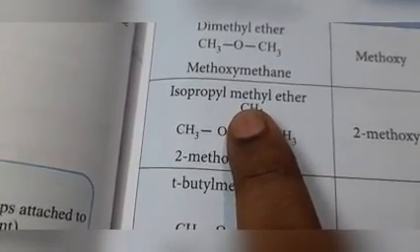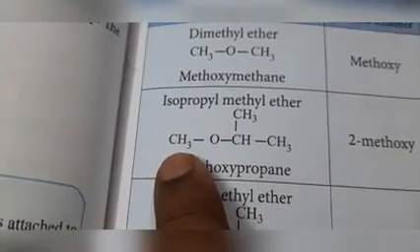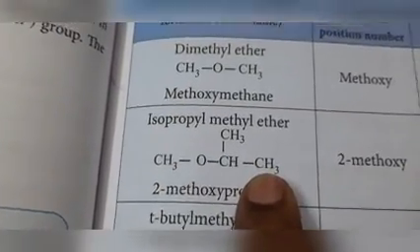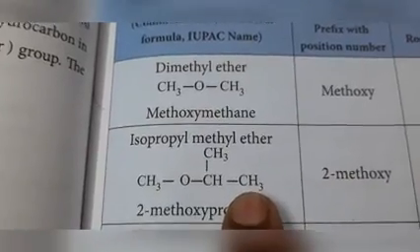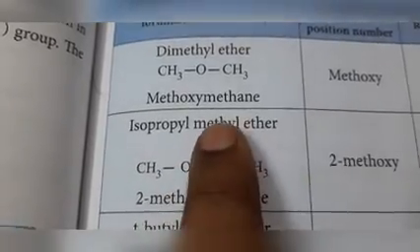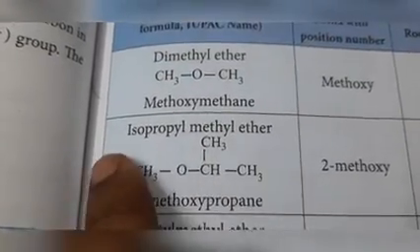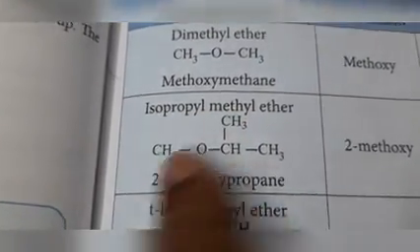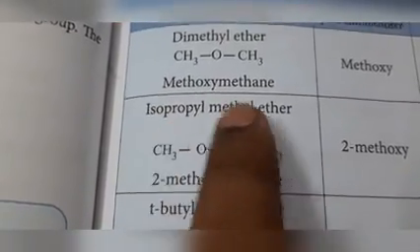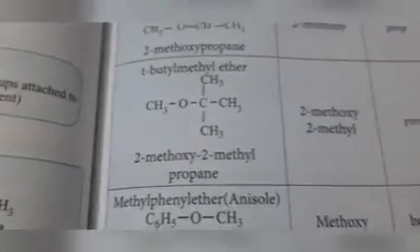Three means propyl, isopropyl. So the name of this group is isopropyl. According to alphabetical order, isopropyl comes first and then methyl. So isopropyl methyl ether.